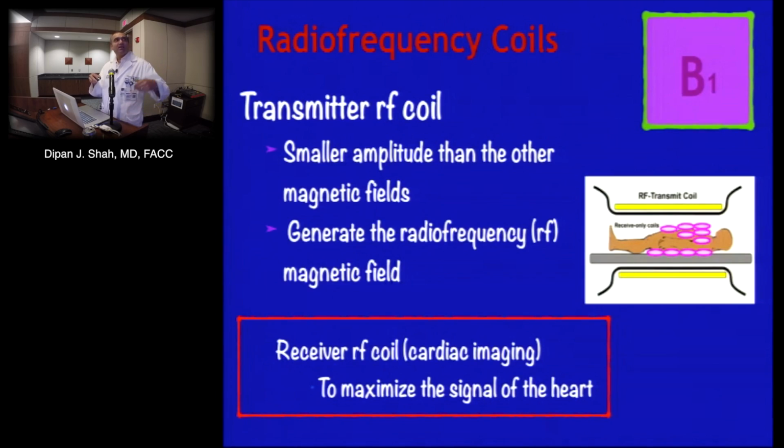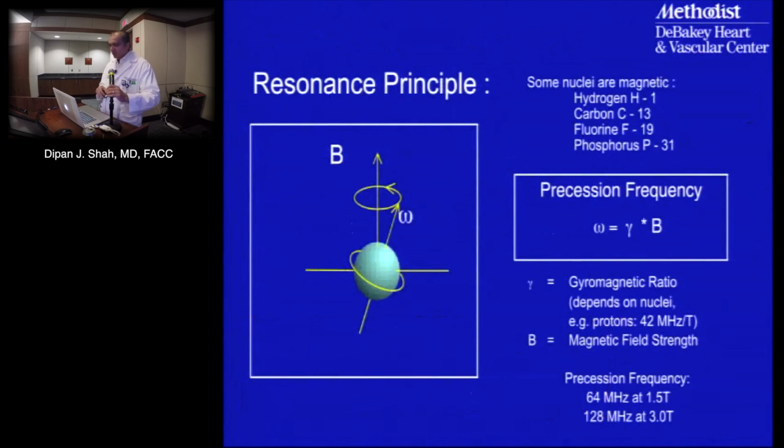So within the body, the altered magnetic field that the body sees is what's called B1. Now, why is this important? Well, remember this equation. Anybody doing even MRI Physics 101 needs to know this equation, which is called the Larmor Equation.